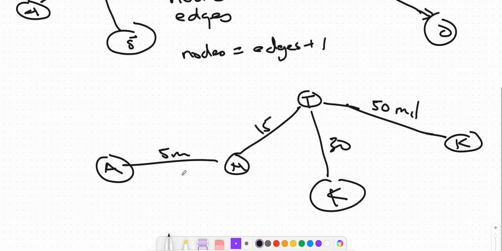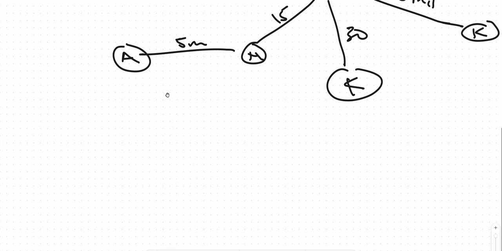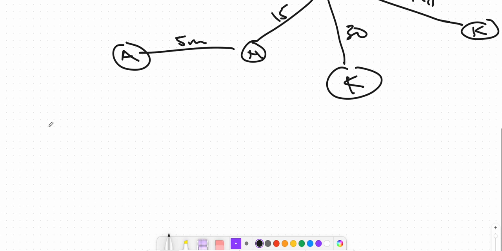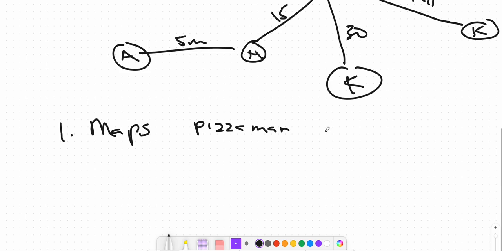Now, examples of things that use graph data structure. One, if you go on Google Maps, right? We use graphs. So you Google chicken pizza place near me, or a pizza place near me.